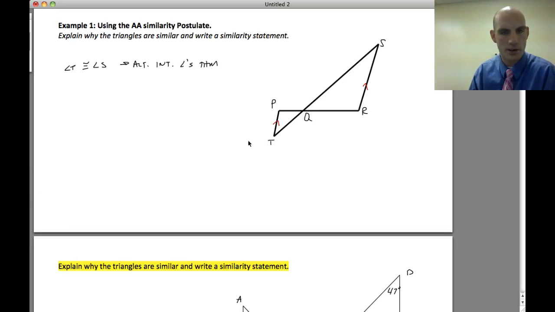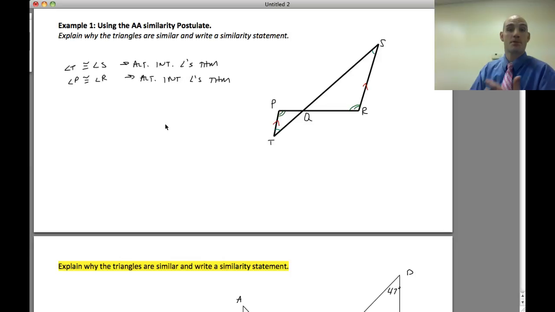I'm going to go ahead and mark that. And I can also say that angle P is congruent to angle R. Same reason, alternate interior angles theorem. I can mark those as well. Notice, I've proved two angles now.